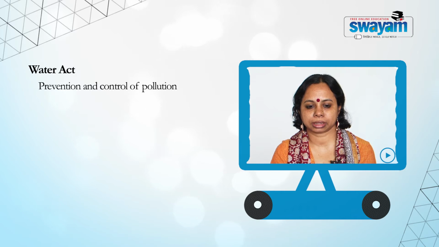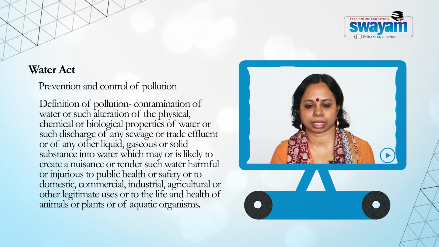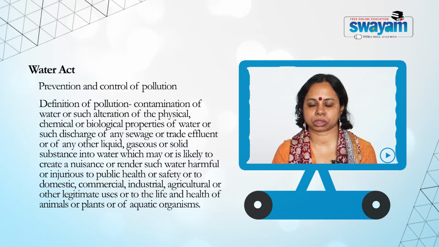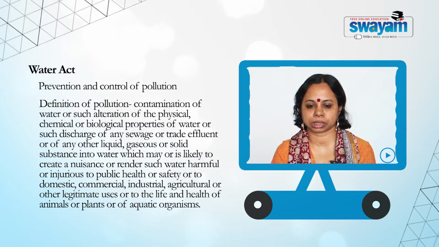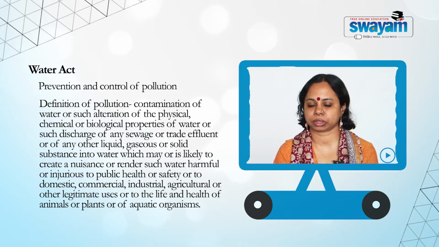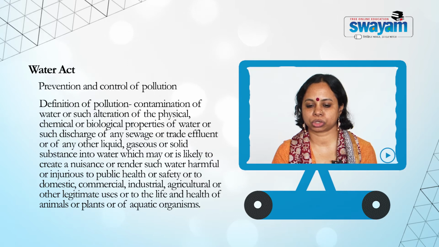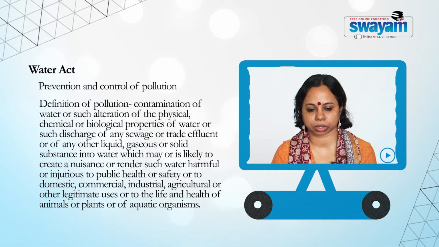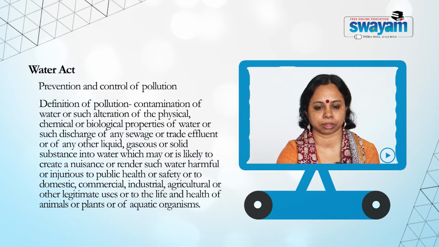One can see a definition of pollution provided in the Act itself, which is quite detailed, in terms of contamination of water or the presence of certain substances that would be harmful or injurious to the health of human beings or animals, or the carrying out of certain domestic, commercial, industrial or agricultural activities which could also threaten the life and health of animals or plants or of aquatic organisms. So, there is a detailed definition provided in the Act itself.